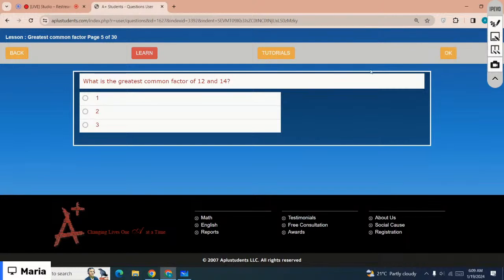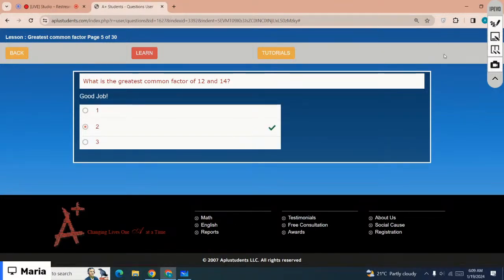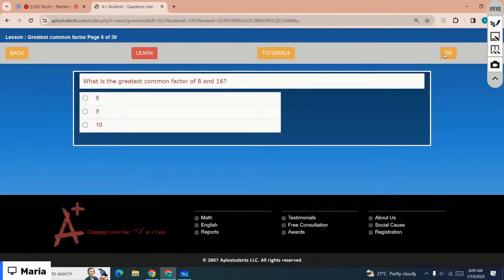Yes, the greatest common factor for 12 and 14 is 2. Very good. Very good.